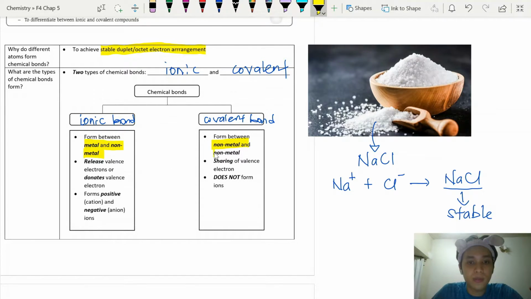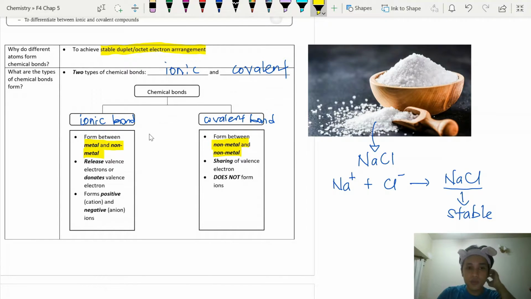Covalent bond is between non-metals. Ionic bond is between metal and non-metal. You need to know in your periodic table which groups are metal and which are non-metal. The ones on the left, groups 1, 2, 3, are metal. Groups 14, 15, 16, 17 are non-metal. Those are the important things.